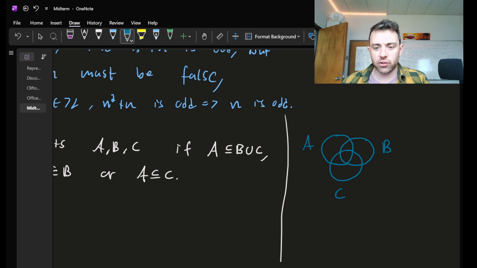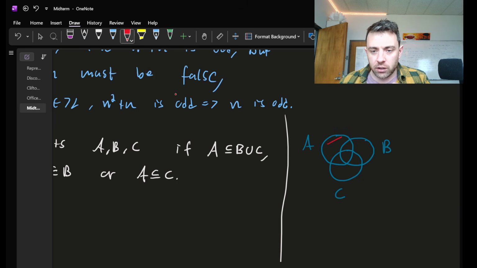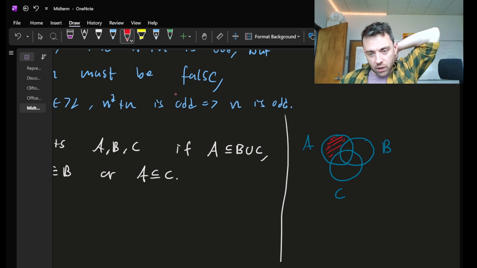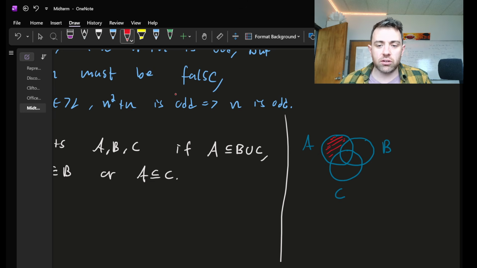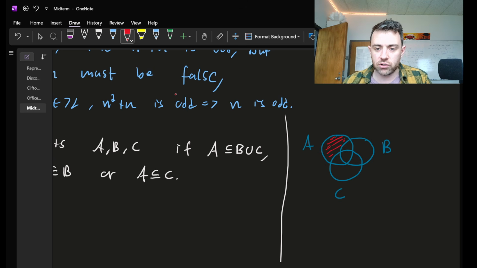So B union C is sort of gluing together these two rings. What would make that true? Well, certainly I should not be allowed to have any elements in here, right? So this thing should be empty, right? That would force A to be a subset of the union of B and C, if there's nothing in that region.